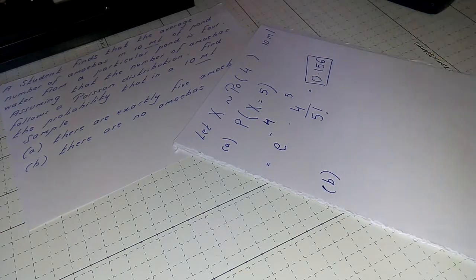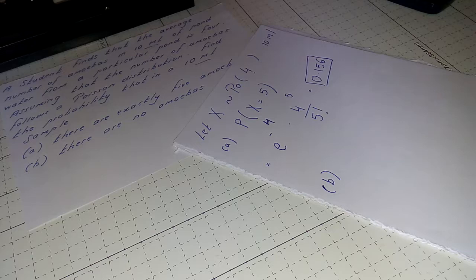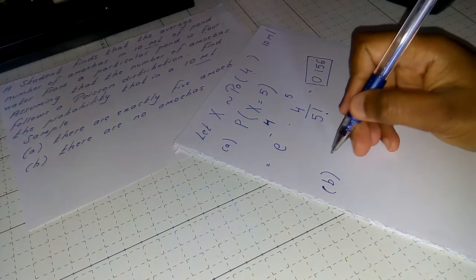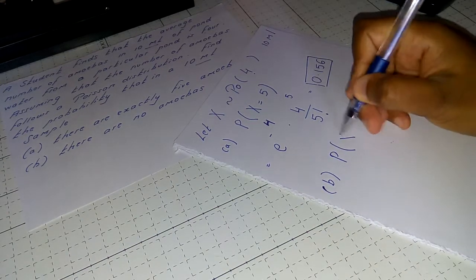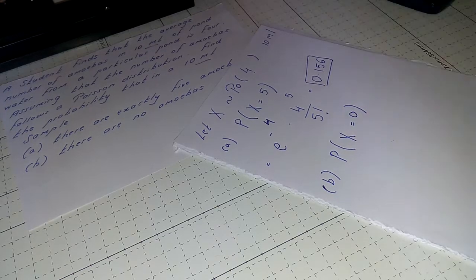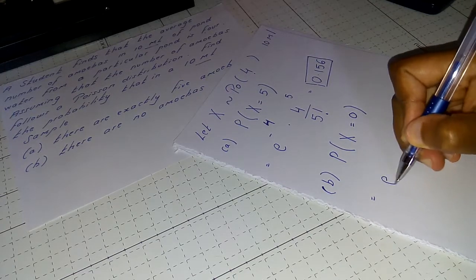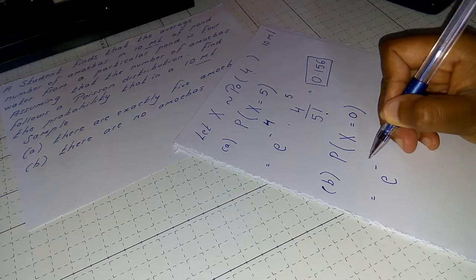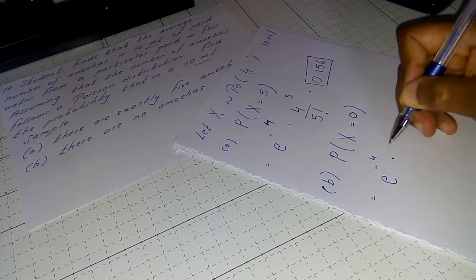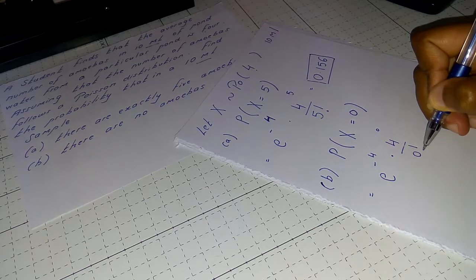Okay. Now, part B. You need to find what? There are no amoebas, again in a 10 ml sample. So the lambda remains 4. So probability of X is equal to 0 is equal to exponential power negative 4, multiplied by 4 power 0 over 0 factorial.